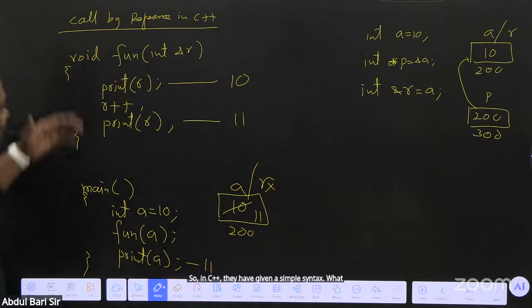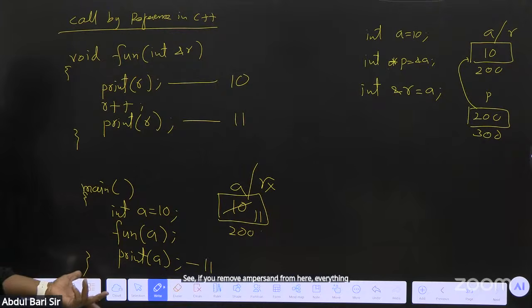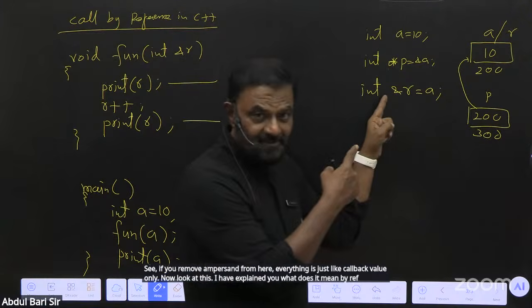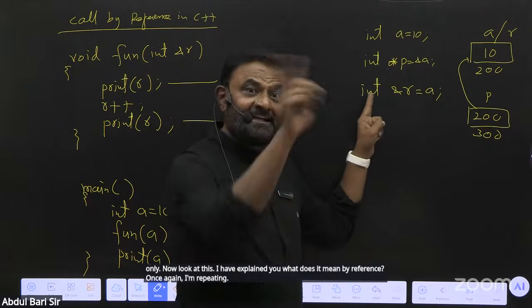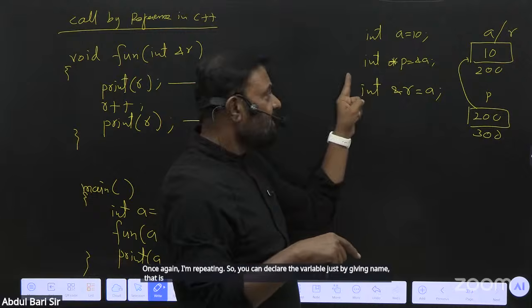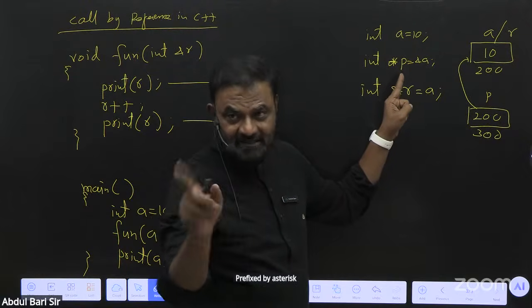What is that? See, if you remove ampersand from here, everything is just like call by value. Now look at this. I have explained what it means by reference. Once again, I'm repeating. You can declare a variable just by giving a name, that is a data variable. You can declare a variable with a name prefixed by asterisk, so it's a pointer variable, an address variable.